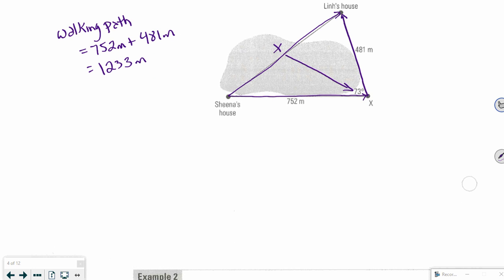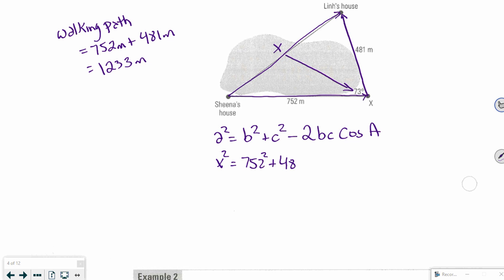So I'm going to say a squared equals b squared plus c squared minus 2bc cos of angle A. I called it x, so x squared equals 752 squared plus 481 squared minus 2 times 752 times 481 times cos of my angle, which is 73 degrees.